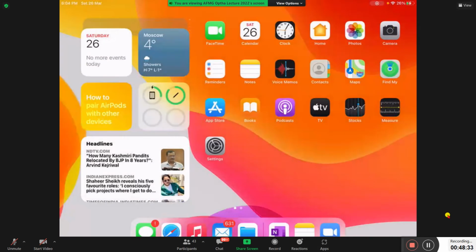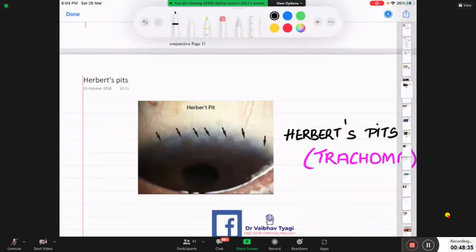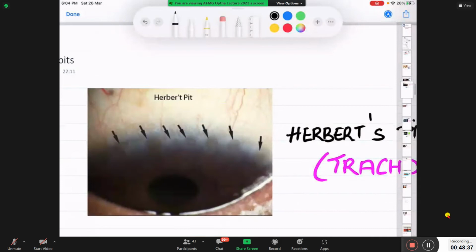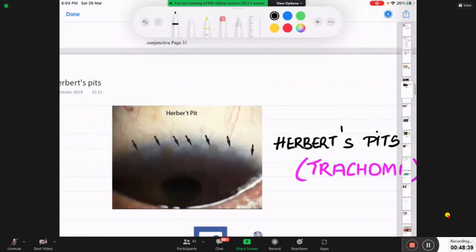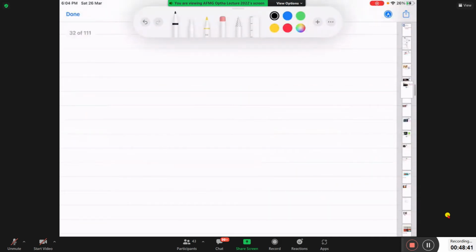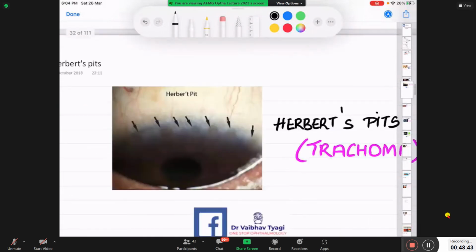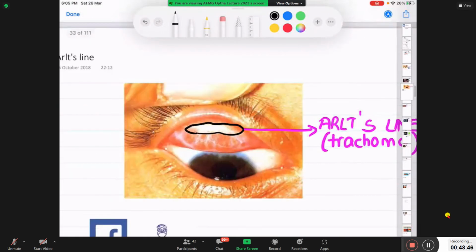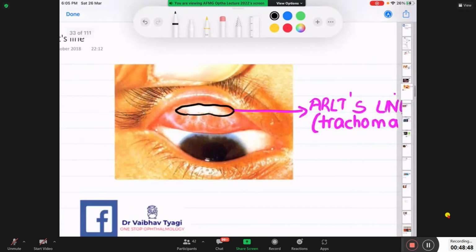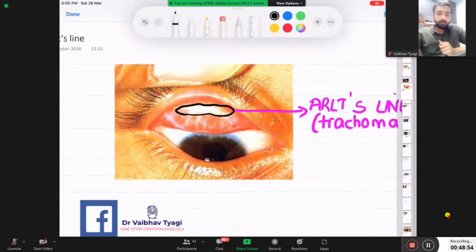So these are the Herbert pits. Can you see, appreciate at the limbus? Now this is called Arlt's line. Can you see a scarring is there? If I invert the upper eyelid, a scarred line is present.